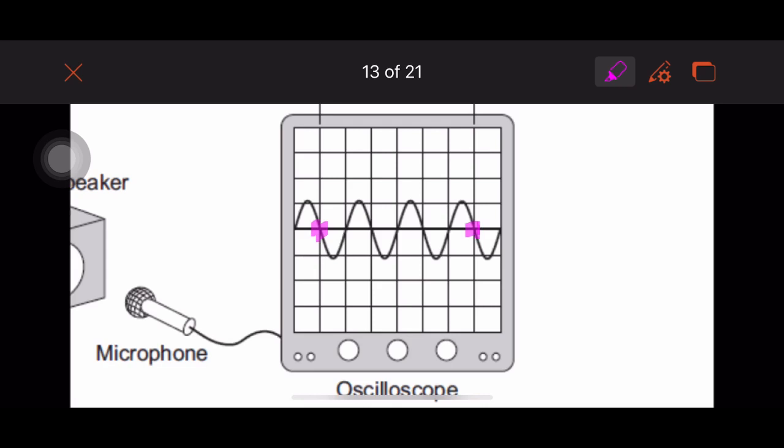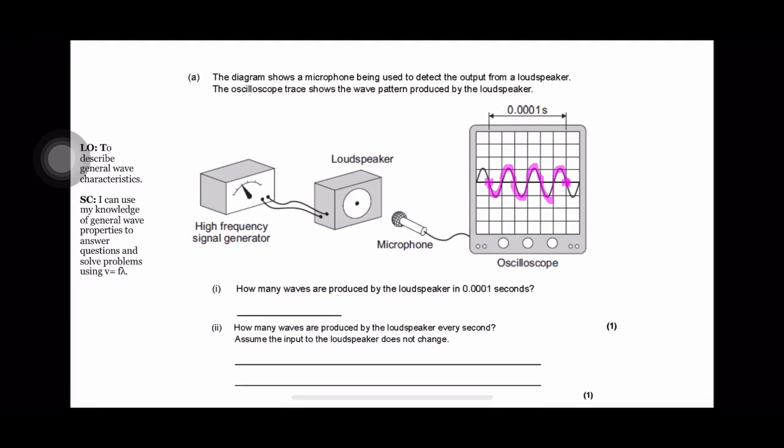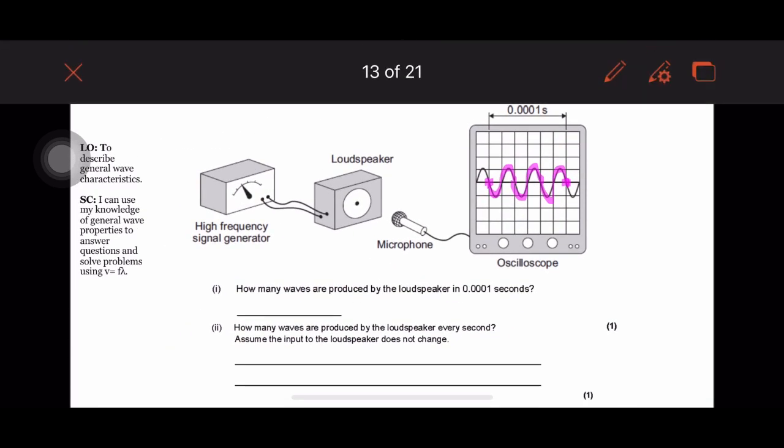How many waves are there? So 1, 2, 3. Okay, so in 0.001 seconds, how many waves were produced? So in this case, there are 3 waves produced.